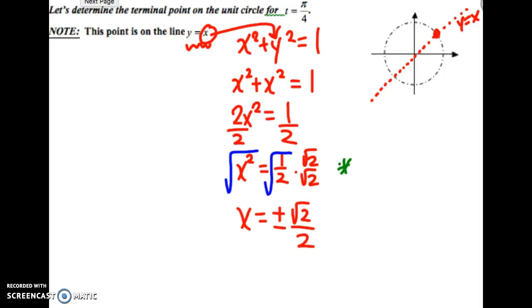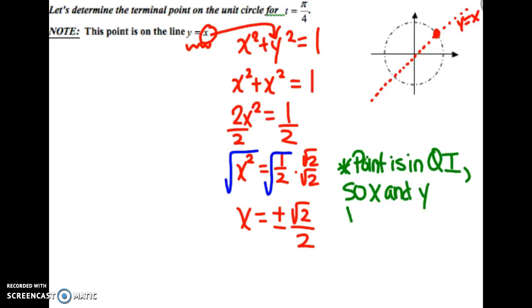So a little note here. Point is in quadrant 1, so x and y values both positive. Therefore, my x value is going to be positive square root of 2 over 2.